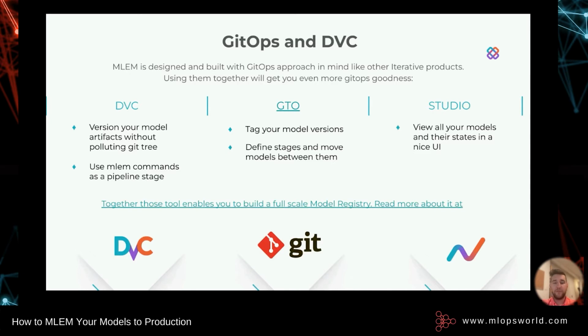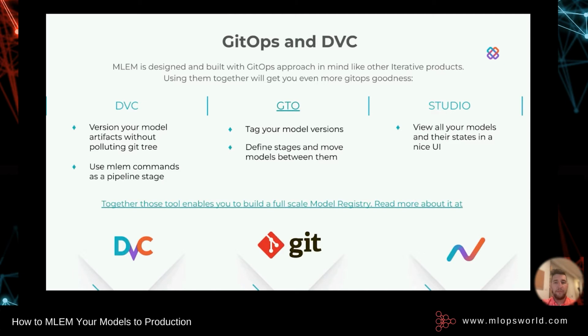And you can use that to choose the right version for your deployment. And of course, we've got Studio, which is a nice UI for all of those tools. And you can see DVC files and metrics there. In probably the next release, you will see GTO versions and MLEM metadata from your models there too.